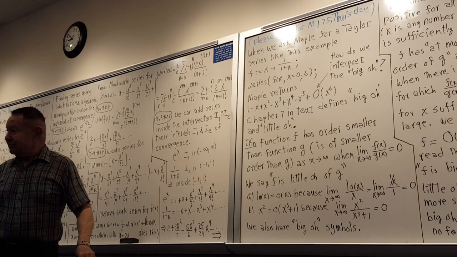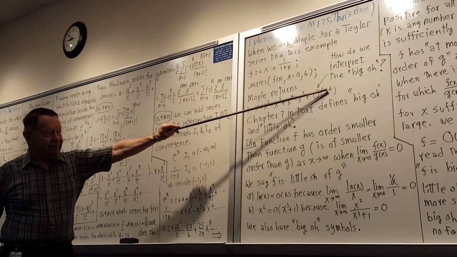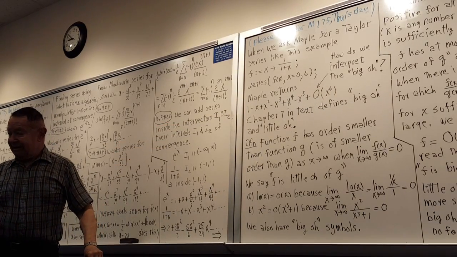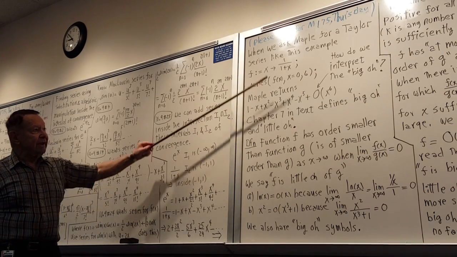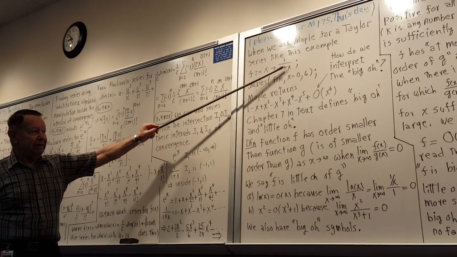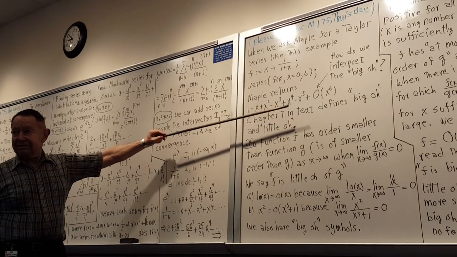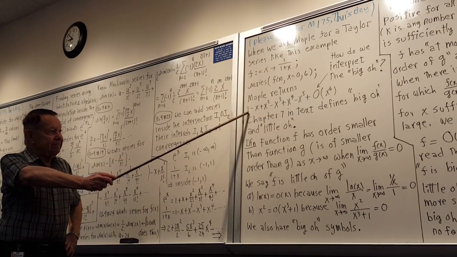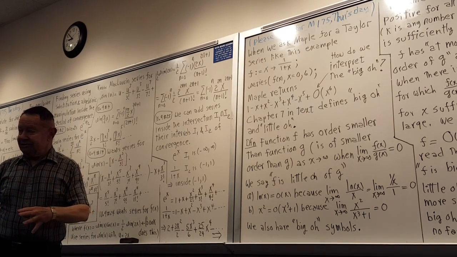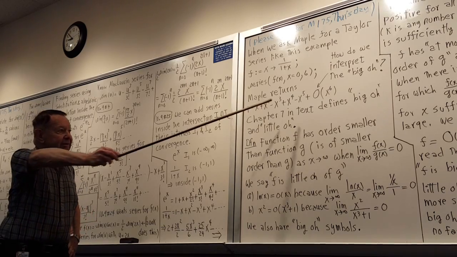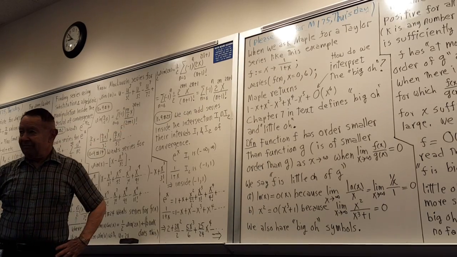So what I'm talking about first this morning is how you interpret this symbol, which relates to the error formula or the remainder formula. If you have a function that's not exactly a polynomial, then the Taylor series, or Maclaurin series in this case, gives you a polynomial and then a remainder, which represents the difference between what the polynomial would give you and what the true function value would be.